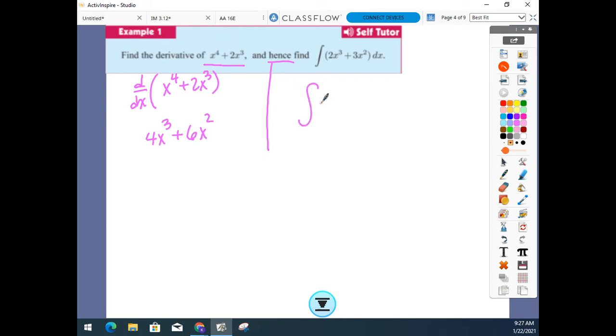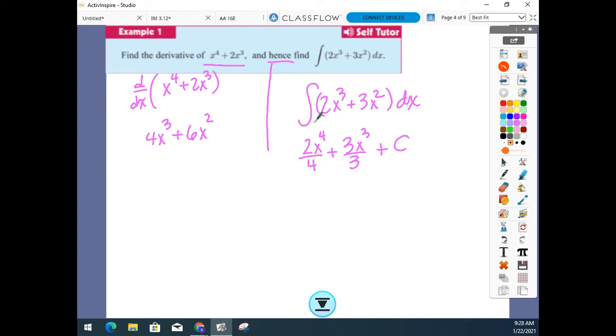Because when we do the integral, we're just doing the inverse, and we add 1 and divide, add 1 and divide, plus c, always, if there's no values here.